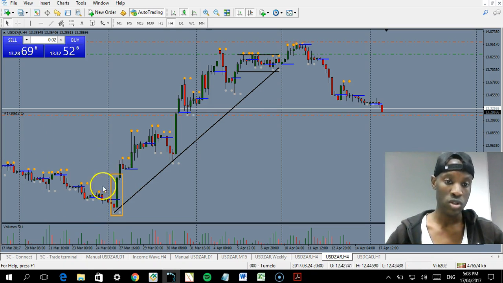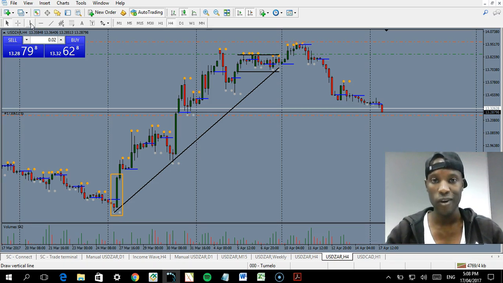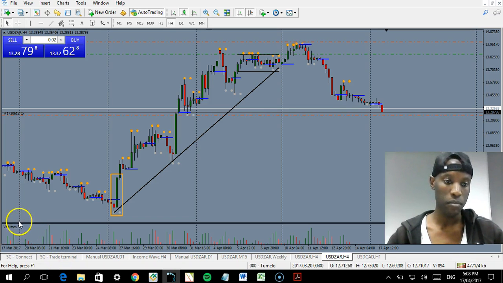So this was the first indicator for me, this big bullish candle which was supported by the news, which was that our president sacked our ex-finance minister. Now, the second indicator for me, which was actually an alarm bell for me, was the volume. Yes, it was the volume.